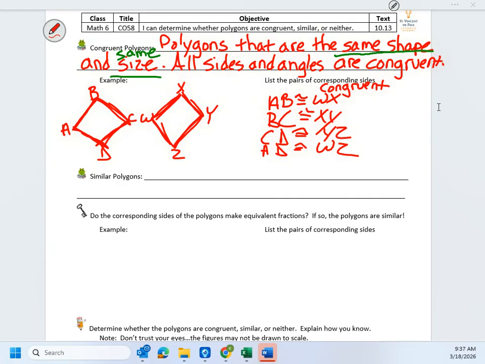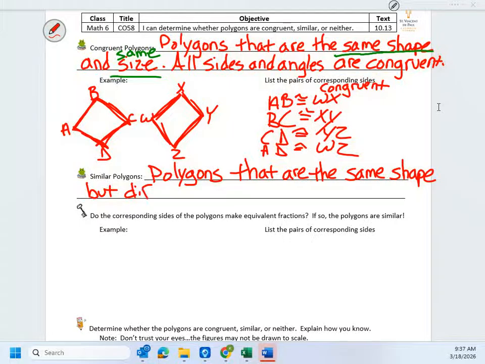Now, similar polygons are polygons that are the same shape, but different sizes. So their angles are congruent.